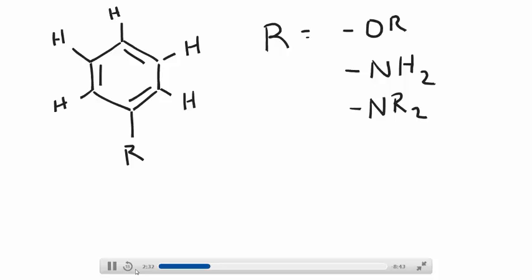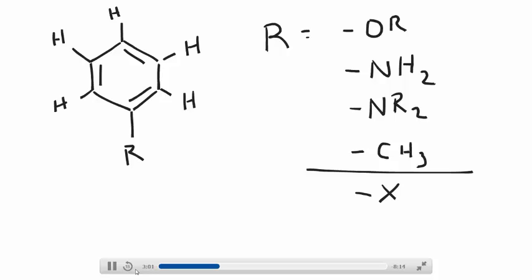They're not the only groups capable of being electron donating, though. You could also be talking about alkyl groups, for example, a methyl group or any length of carbon chain. They're not quite as good at the job, but they are electron donating groups. Also, one that is electron withdrawing, but still is classified as an electron donating group, would be your halogens, like fluorine, chlorine, bromine, and iodine.